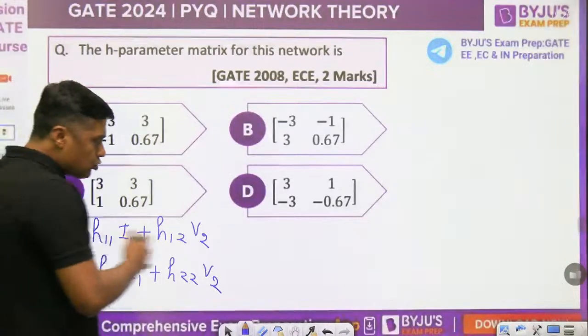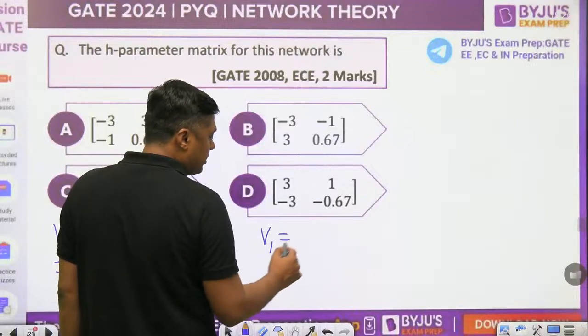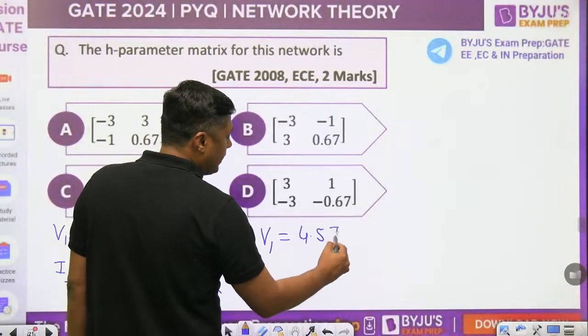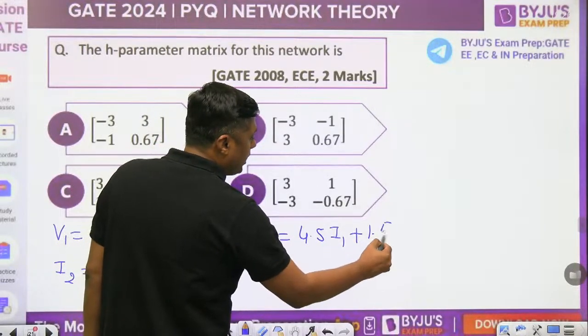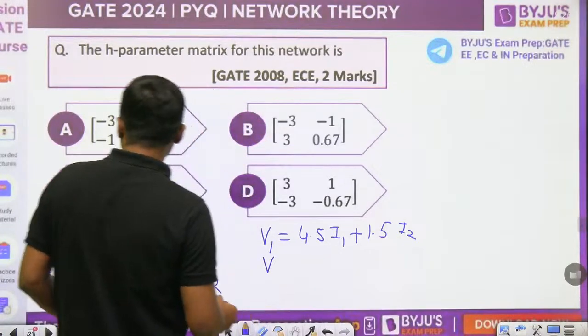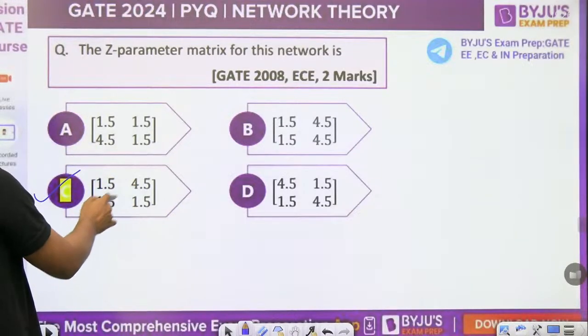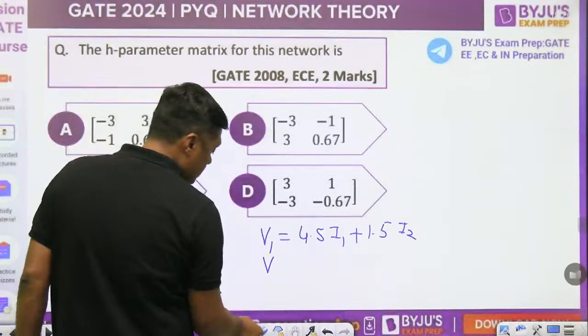Now guys, to solve this question, we have the Z parameters because it is a linked question. What are the Z parameters? 4.5 I1 plus 1.5 I2, and 1.5 I1 plus 1.5 I2. Sorry for that.